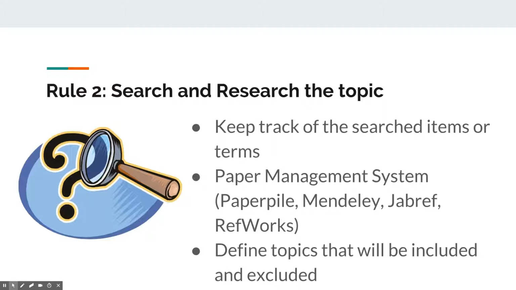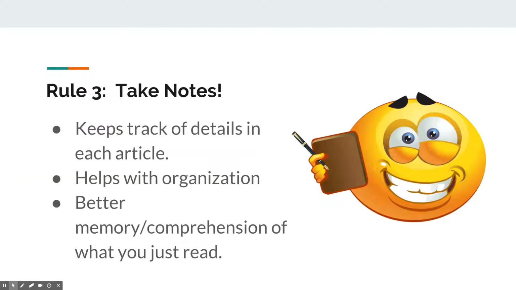And also define topics that will be included and excluded. I'm going to model this through doing a mind map in a later slide, but keep in mind that you want to have specific topics, but you also want to know what you're not going to include.